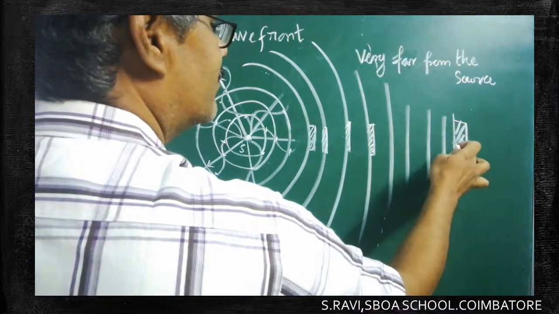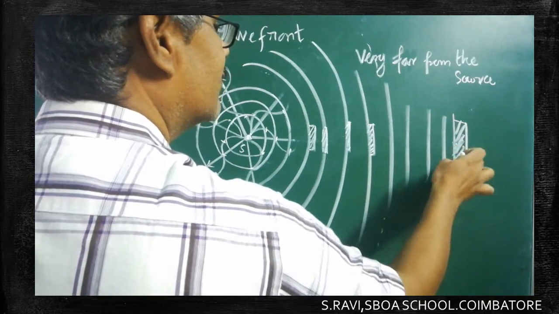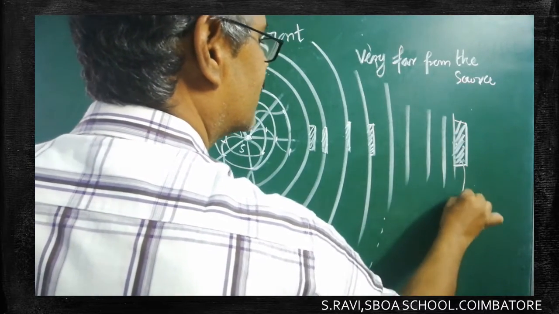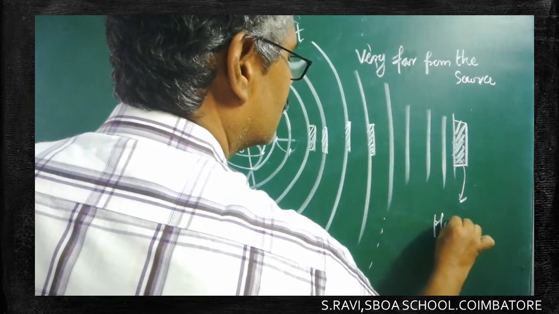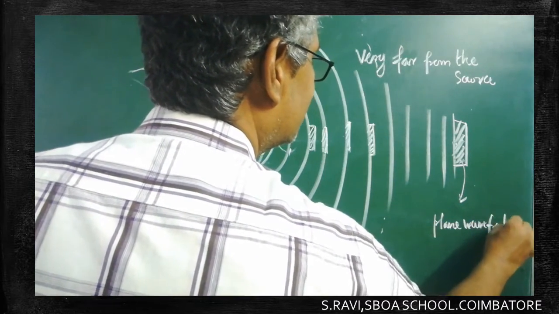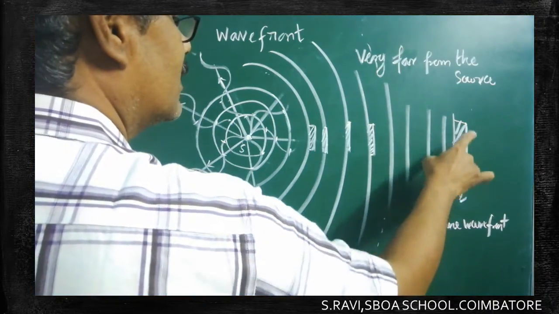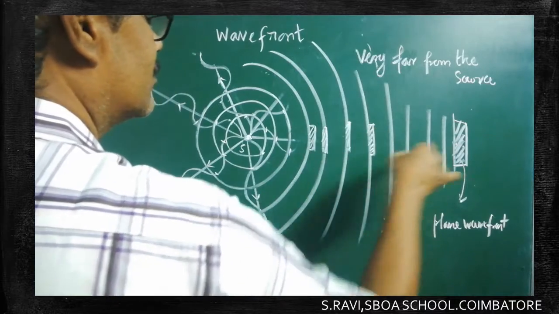What can be assumed? A small bit of spherical wavefront can be taken as a plane wavefront. Are you clear? So a plane wavefront is nothing but a part of the spherical wavefront. Where will it appear? It will appear only if you are very far from the source.